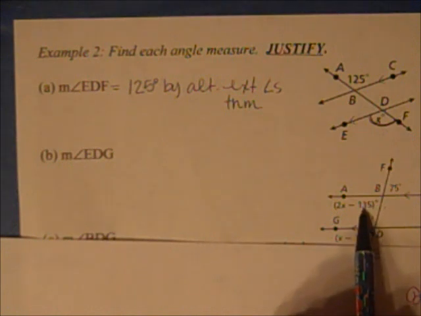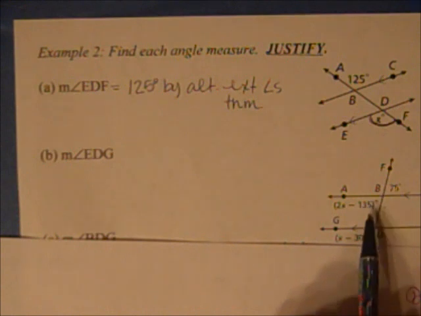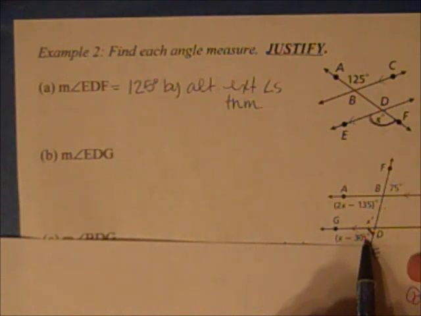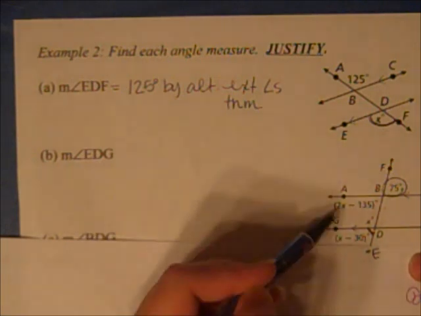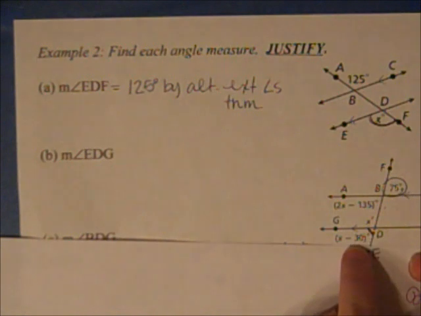I could use 2X minus 135 because these two are corresponding angles, and I learned on the last page that corresponding angles were congruent. So I could use the corresponding angles postulate and find out what X is for sure. But even easier than that would be to use the guy without any algebra, the 75 degrees. So that's the way I'm going to go just because it's easier. If you wanted to do corresponding, you could go right for it.